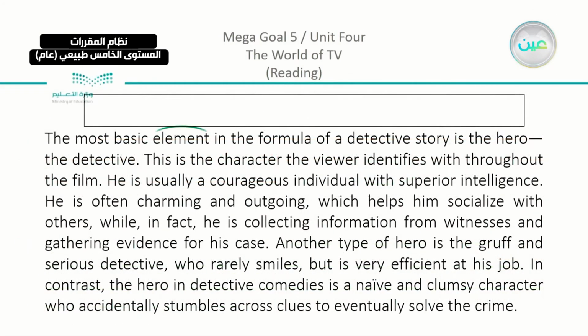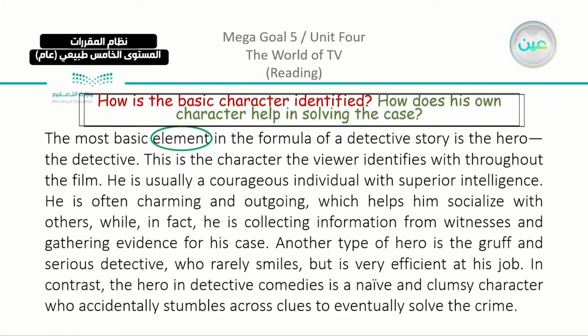Yes, now here, there's a question. Also, keep an eye. How is the basic character identified? So let's just see the red part here. How is the basic character identified? Yesterday we mentioned the basic character who is going to be the hero. There has to be some kind of characteristics that identify him. Now let's just see here.